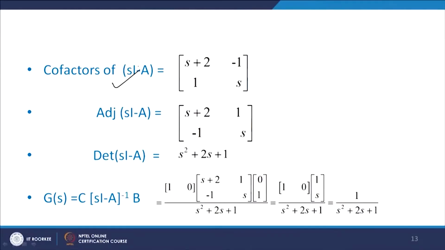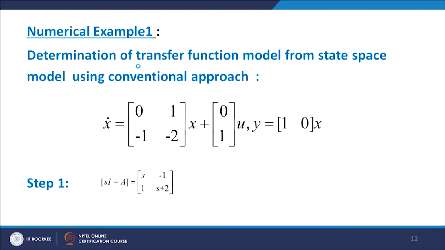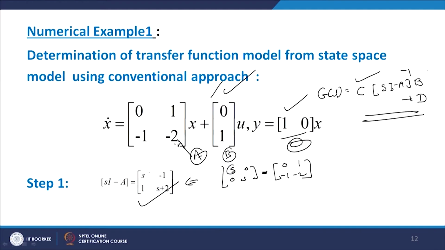Now we want its inverse. To get the inverse, first of all we determine the adjoint, and for getting the adjoint we need cofactors. So the cofactors of sI minus A: the cofactor of s is s plus 2.